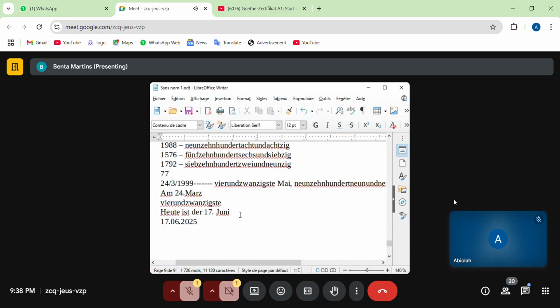You see, they usually use dots in dates to differentiate. Okay, so that's how it is. When you're writing, you're just going to write it in number form.